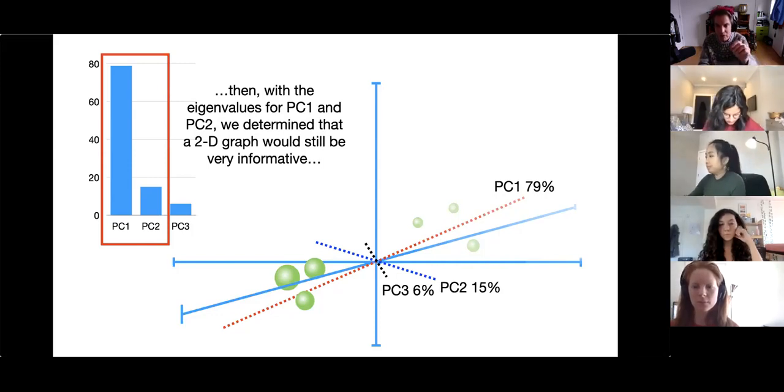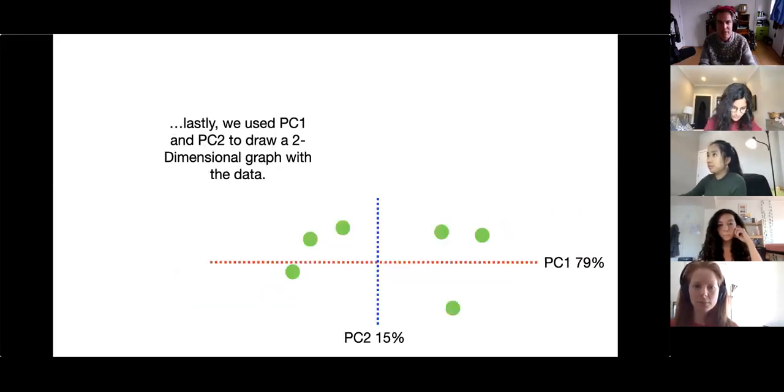So there's just a little bit of background noise that PC3 accounts for. And lastly, because of the scree plot, we can throw away PC3 and we can use PC1 and PC2 to draw a 2-dimensional graph of the data.